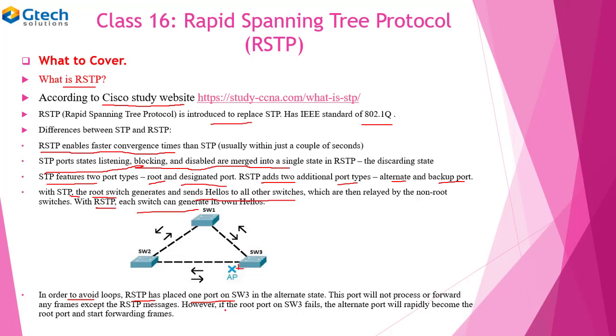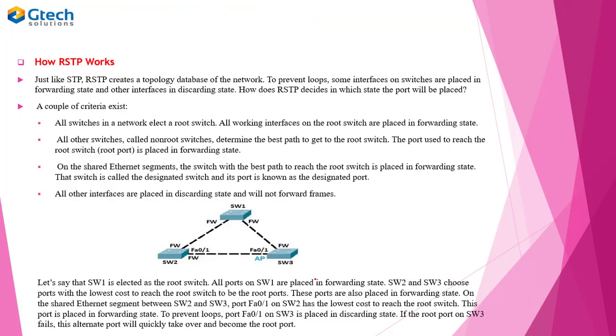However, if the root port on S3 fails, the alternate port will rapidly become the root port. That's what we discussed earlier, okay? Whenever this one fails, in terms of convergence time, this one will become the root port much faster, right? Okay, so let's see what we have next.